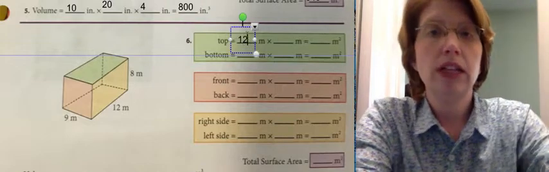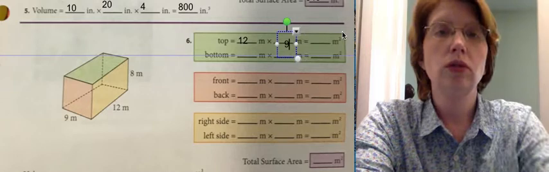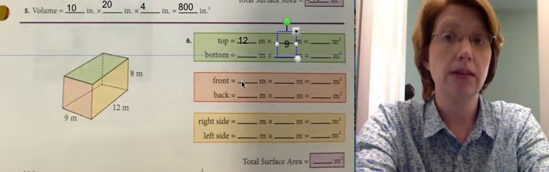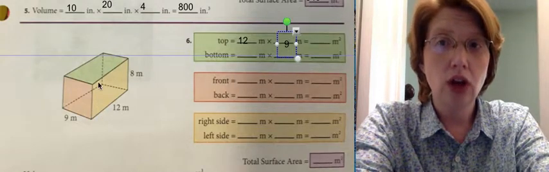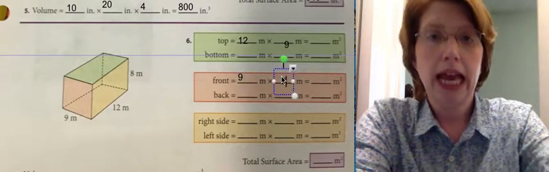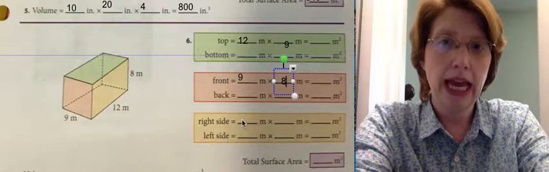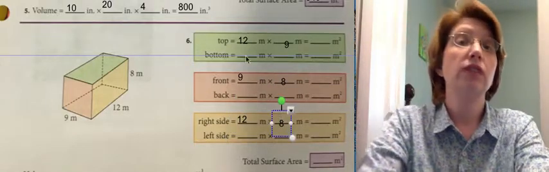So I'm going to fill in one for you, 12 by 9, and I want you to do the figuring, and I want you to fill out the one underneath, which is going to be the same. The front and back is going to be 9, and how tall? 8. So this one's going to be 9 by 8, and then the yellow one is going to be 12 by 8. So 12 and 8, and you're going to finish filling in those blanks.